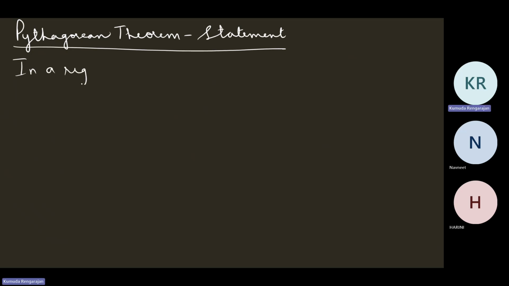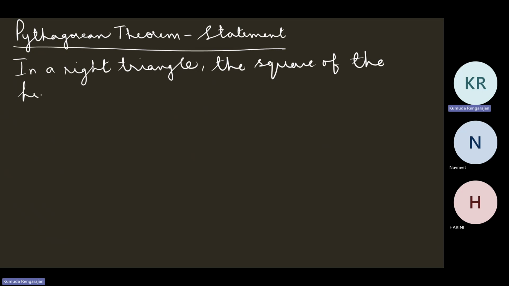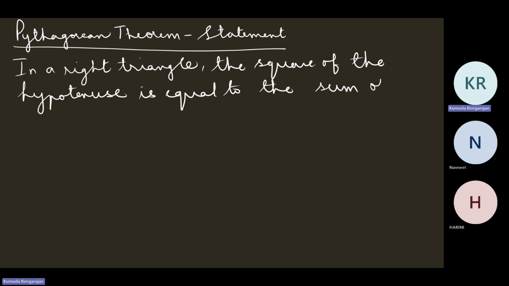In a right triangle, the square of the hypotenuse is equal to the sum of the squares of the other two sides.